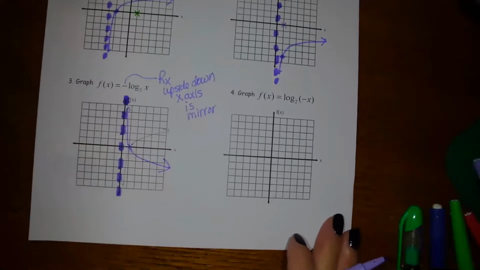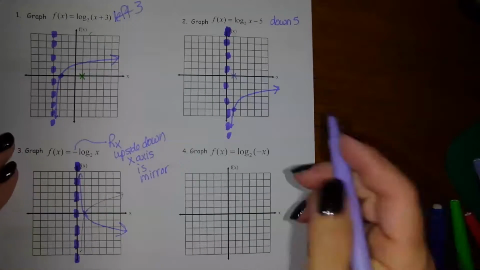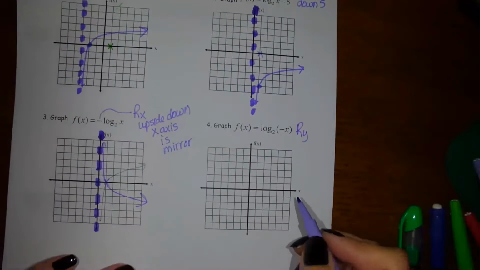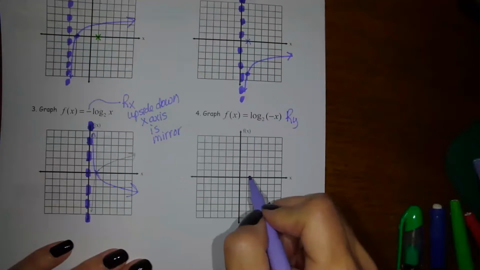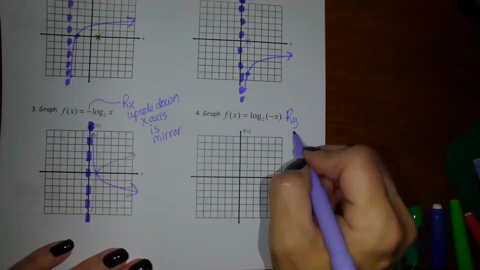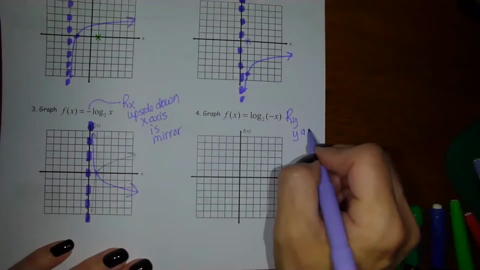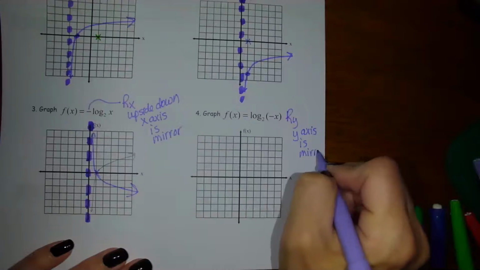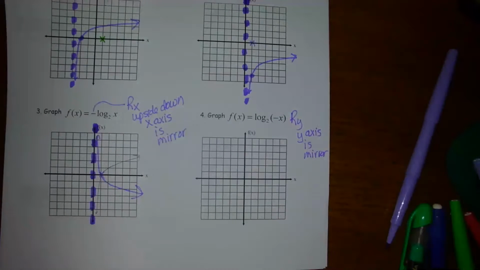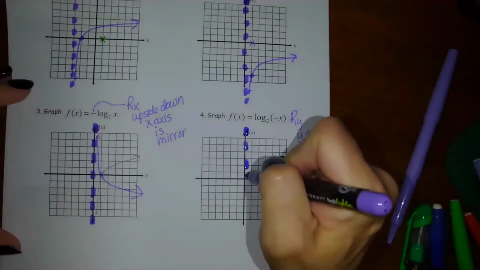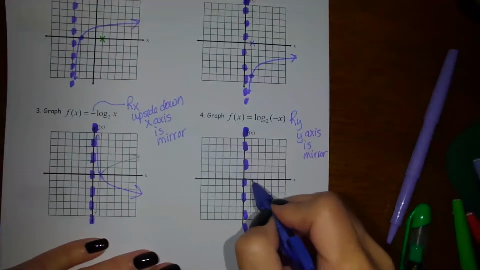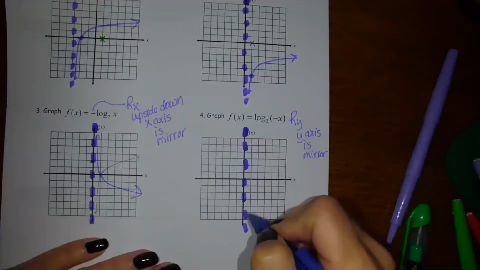All right, one last one. This one is a reflection in the y-axis, right? So this means y-axis is mirror. So I'm going to put my, let's draw in, well, I went crooked, didn't I?